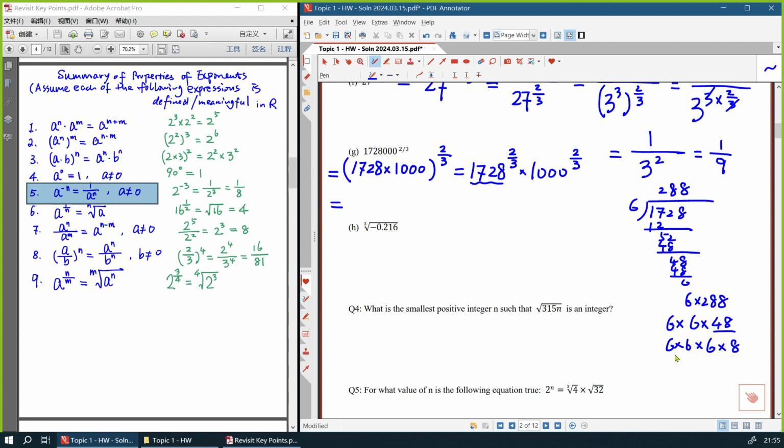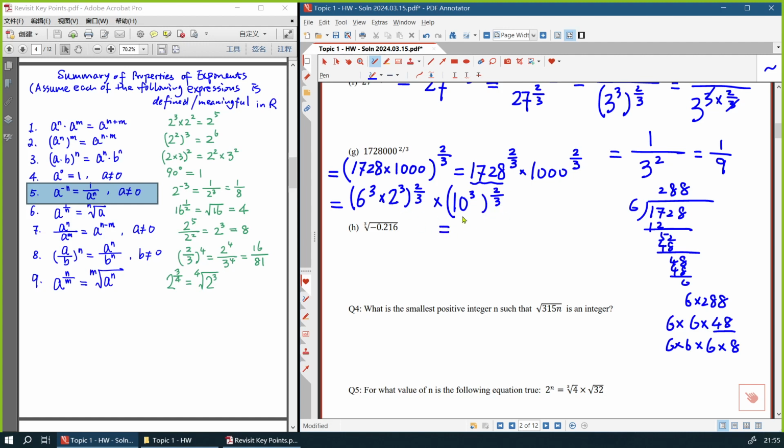So we know that 1728 is actually 6 to the power of 3 times, note that 8 is also 2 to the power of 3, right? And then together to the power of 2 over 3, times 1000, which is 10 to the power of 3, then to the power of 2 over 3, right?